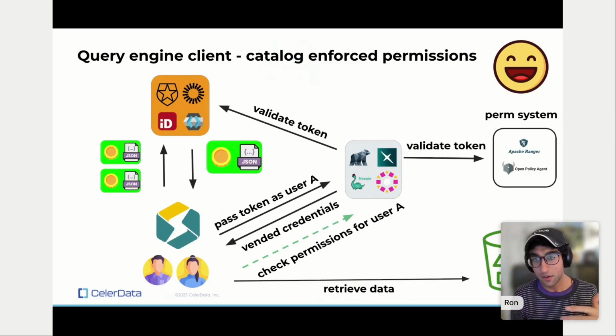So in catalog enforcement permissions, which, like I said, in theory does work, and I'll explain in a little bit why it's not completely adopted yet, this changes things a little bit.